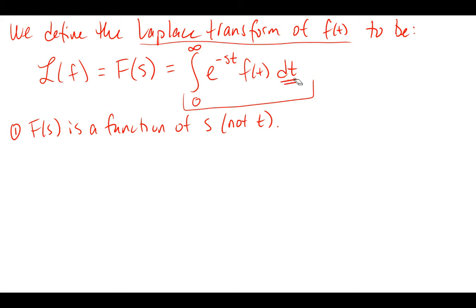But the integral says t is the variable for the integral, so I do a regular old t integration and plug in my bounds. But of course, whatever I plugged in for s, whether it's just a generic s like it is here, or whether it would be a number, that would probably still be part of my answer. All right, so that's why I say down here, big F, or the transform of little f, is a function of s, not t. Right?